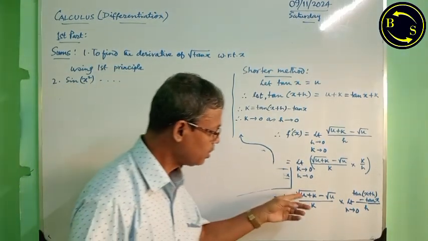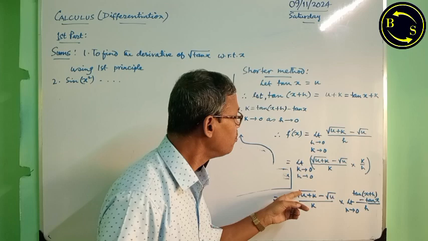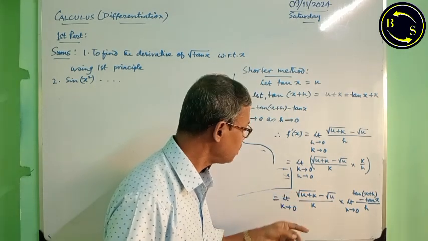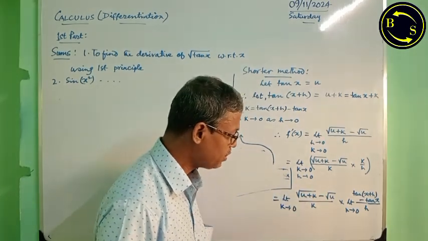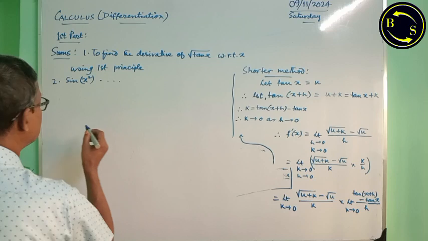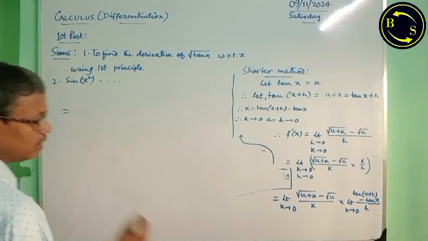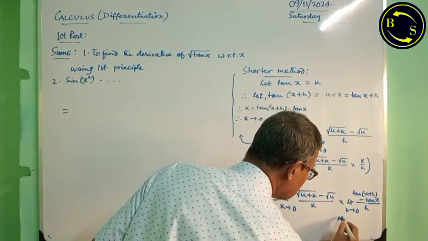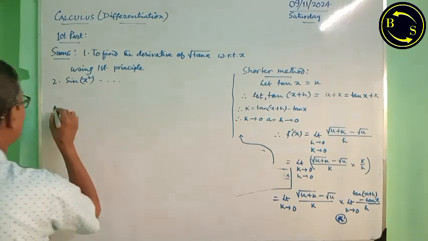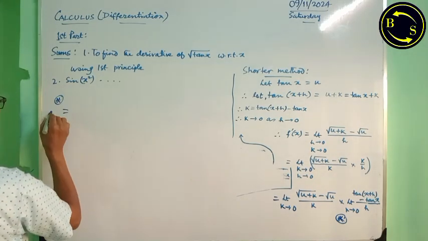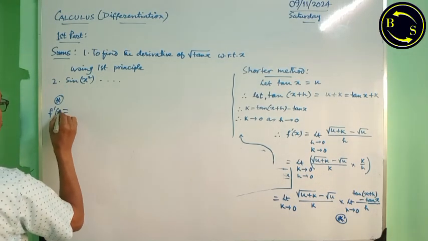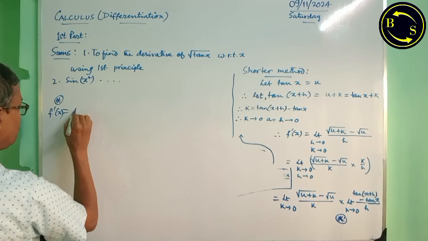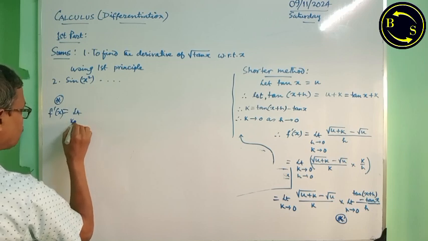Now I find the irrational part at the numerator of this limit, and we rationalize. Limit k tends to 0.